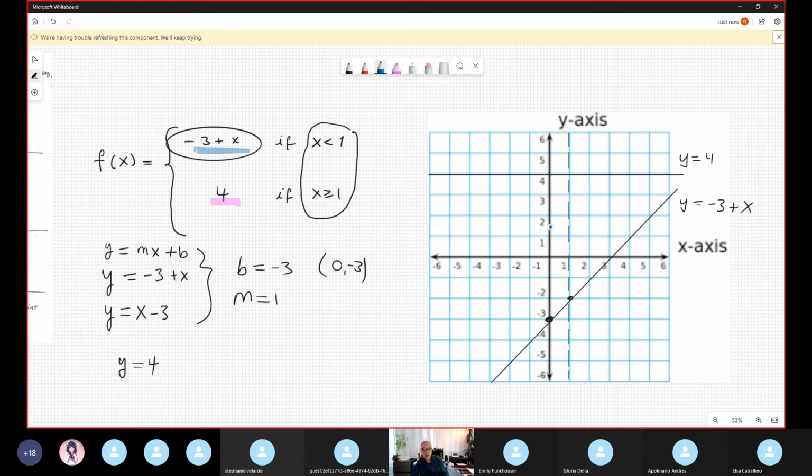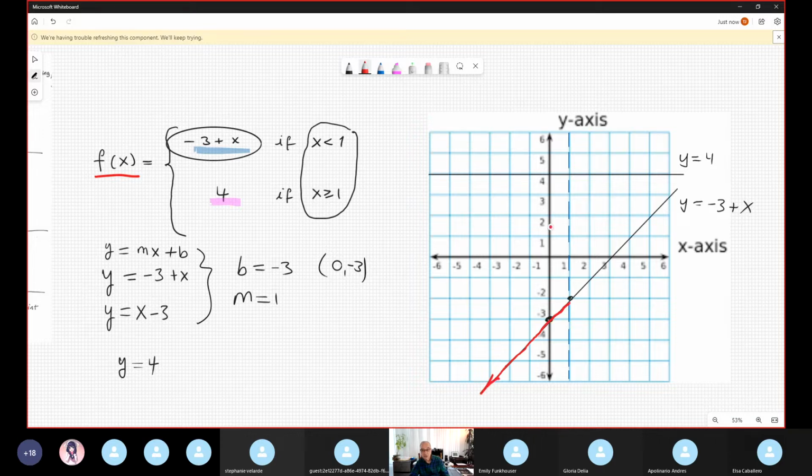Oh, so I have the condition before 1 and the condition after 1. So I come back to the beginning. Look at that. The condition before 1, my original piecewise function travels along the line, minus 3 plus x. So I suppose it looks like that. I try to do the final answer in red color.